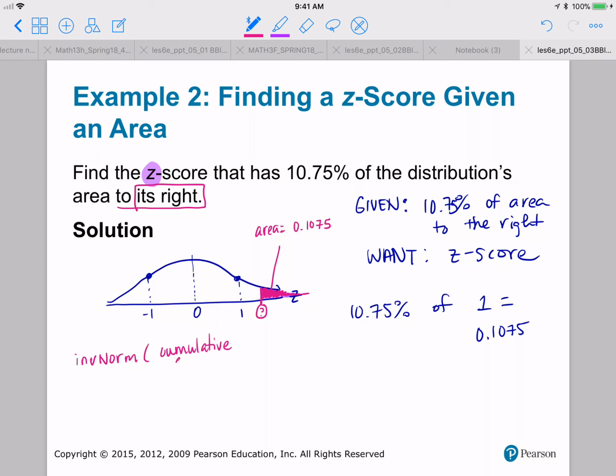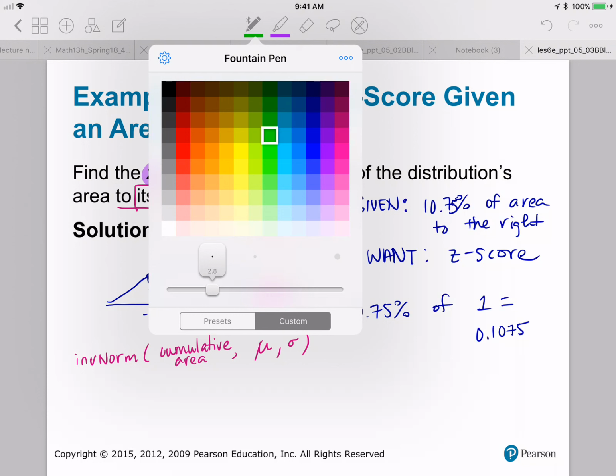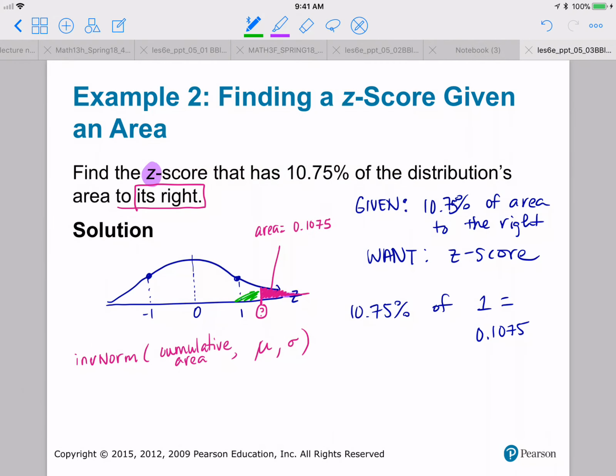Now, in order to use our calculator, remember we need inverse norm of the cumulative area, comma, the mean, comma, the standard deviation. The cumulative area is always the area to the left. So the cumulative area is going to be 1 minus 0.1075.